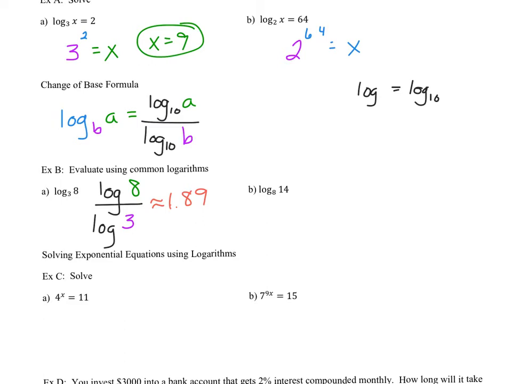Okay, so now this one, maybe try it on your own. Hit pause. I would suggest doing that, but I'm going to keep going. So we're going to do log of 14 divided by the log of 8. You should get 1.27 approximately.